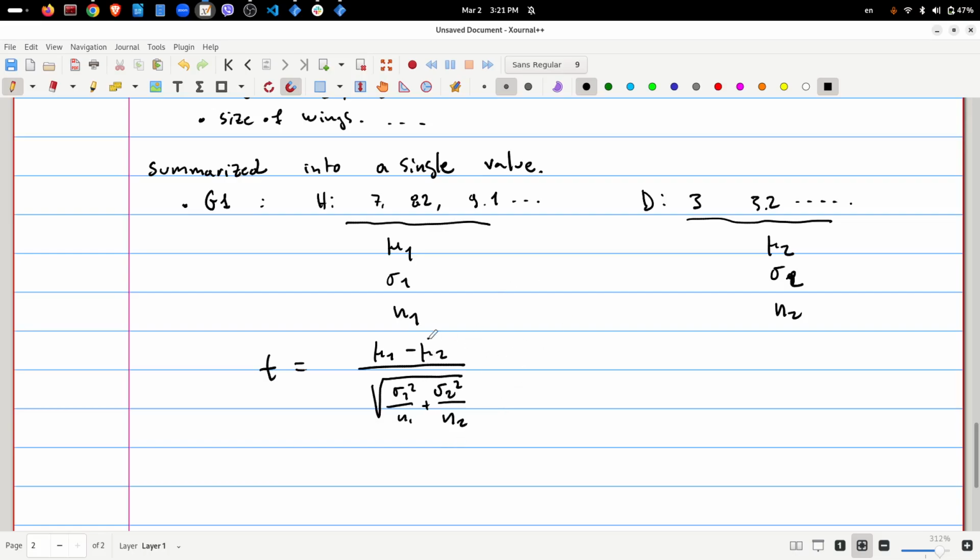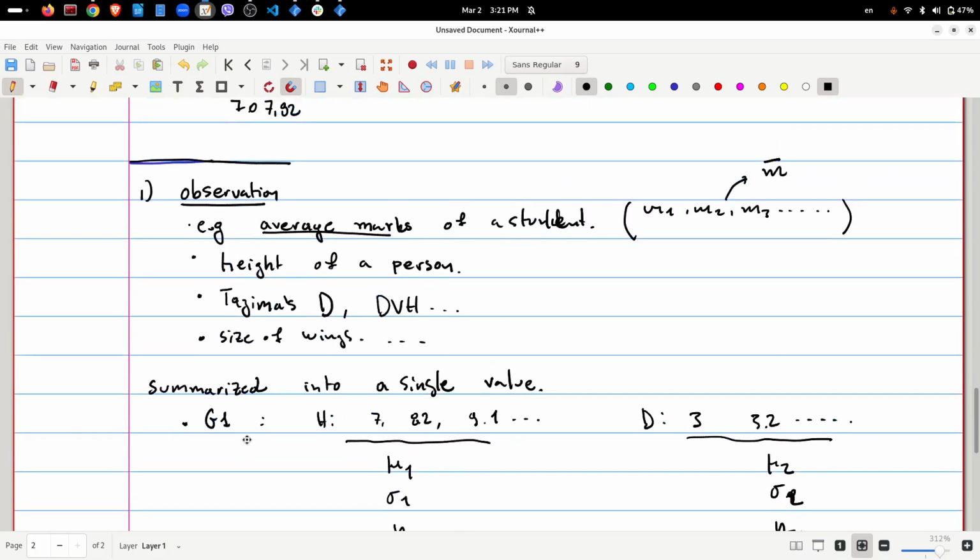So this value is again a single value, even though initially I had several values: several values from the healthy group, several values from the disease group. This is a single value, and this is my observation.